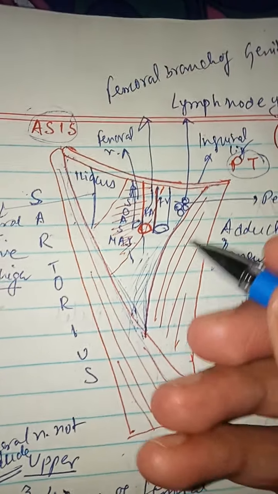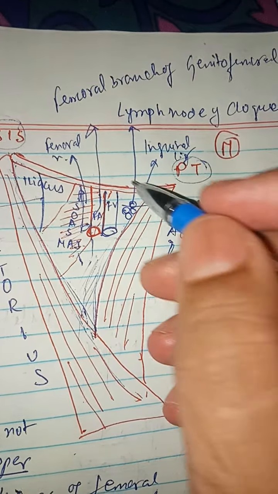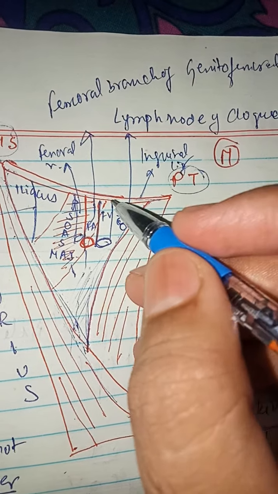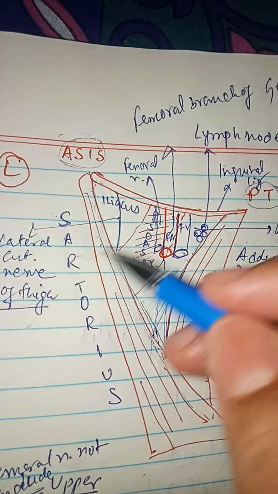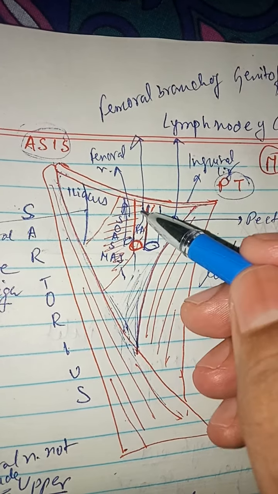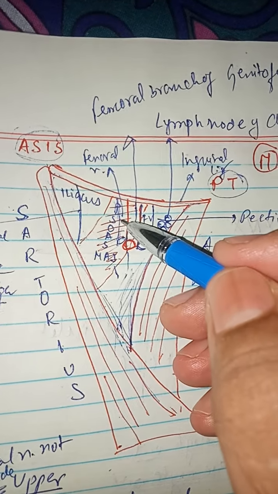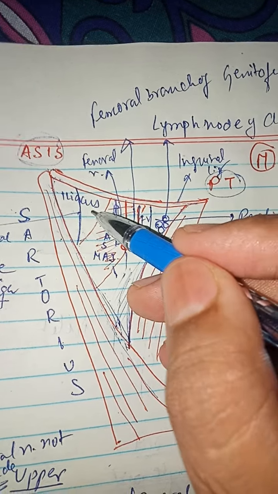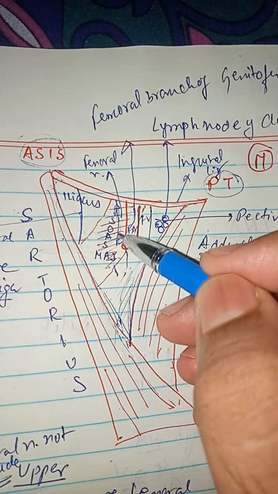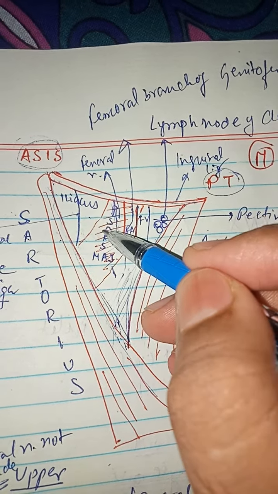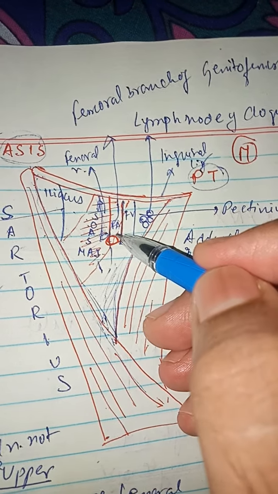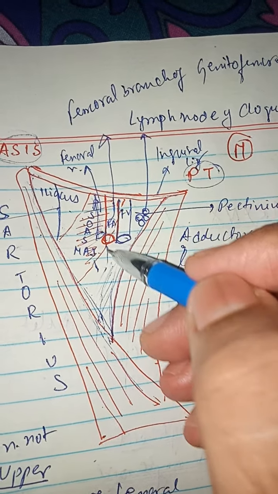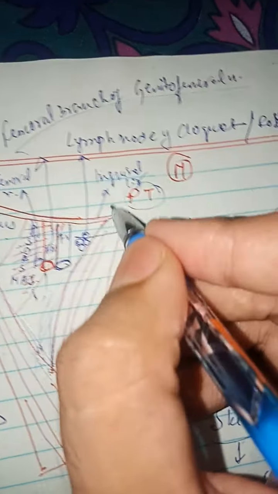Now coming to the contents. What are the contents of the femoral triangle or Scarpa's triangle? From lateral to medial, there is the lateral cutaneous nerve of the thigh, then the femoral nerve. The femoral nerve actually lies between the iliacus and the psoas major, so it is wrongly diagrammed. Then the femoral artery, along with which there is the femoral branch of the genitofemoral nerve.